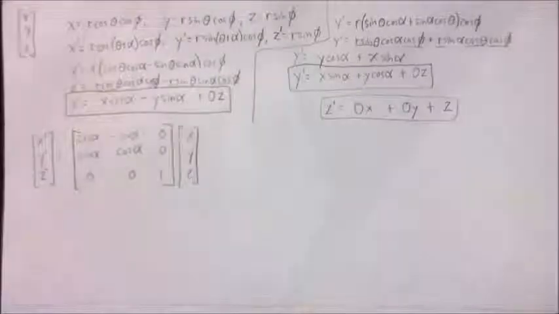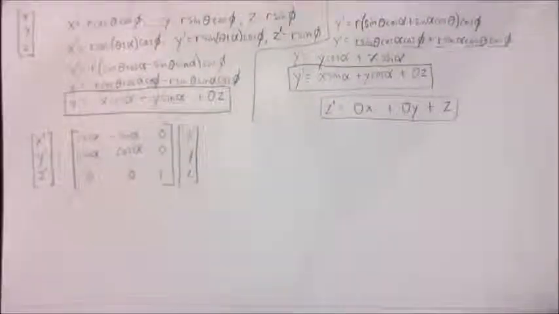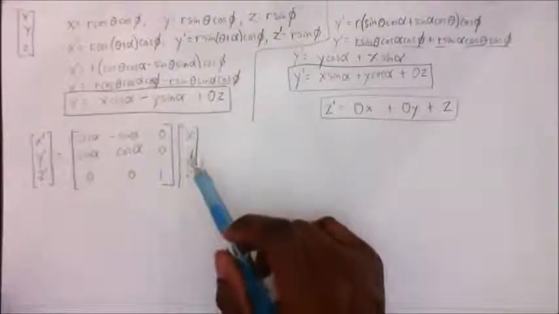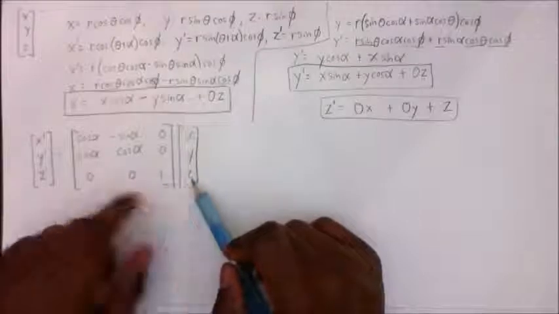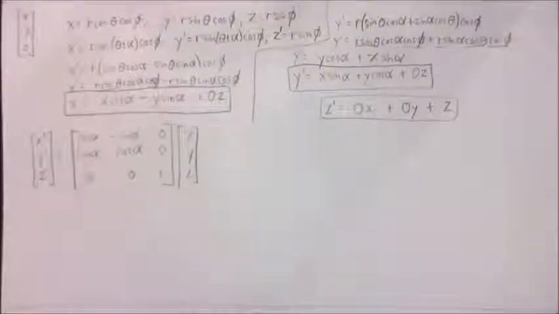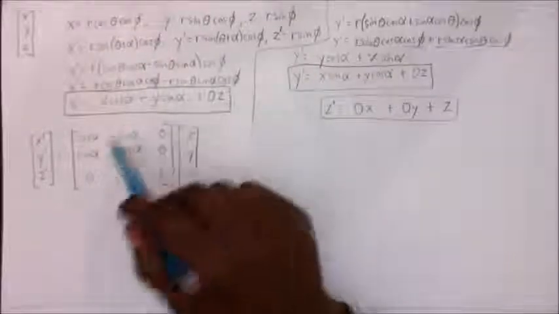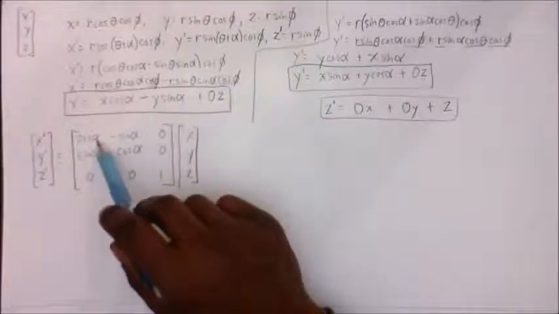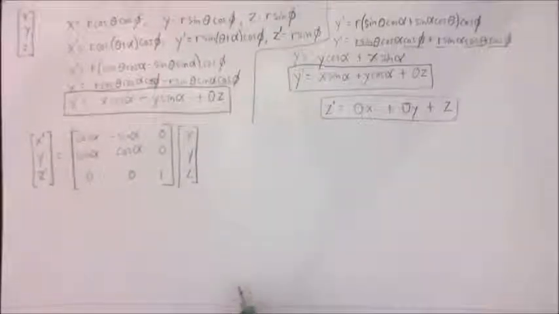So what we've derived here is basically the rotation matrix, which is actually a type of operator because it operates on this vector to give you that vector. And what it does in this particular case is rotate it through the angle alpha about the z-axis.